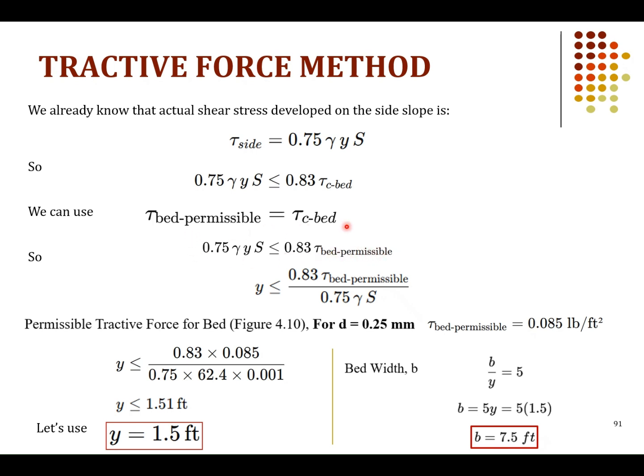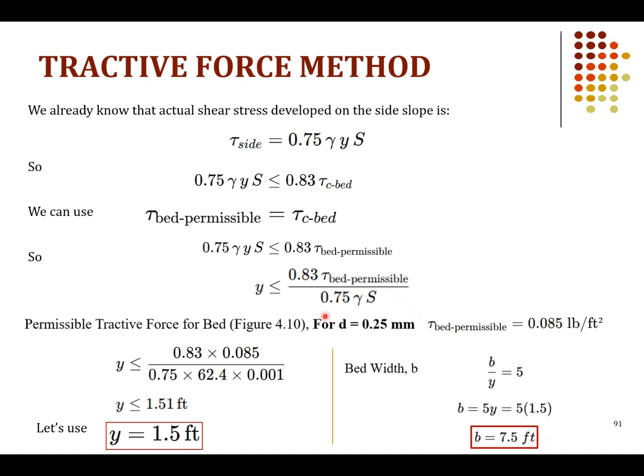If you look at this equation, we can simplify it for y and move everything to the other side, and using this formula, whatever y we get, we'll say the depth of the water should be either less than this or equal to this. If we do that, then the soil particles will not move, erosion will not take place.